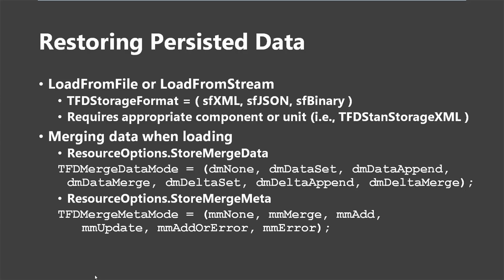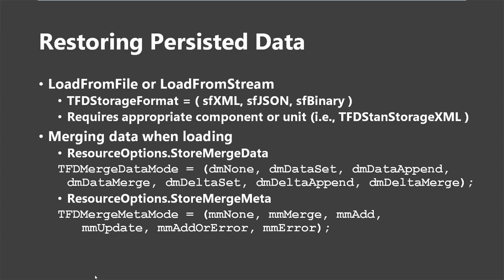If you provide 1 parameter, you're specifying the file name. And that file name can use those substitution variables that I introduced earlier. If you provide 2 parameters, you're providing the file name and the file format that you are instructing FireDAC to restore from.